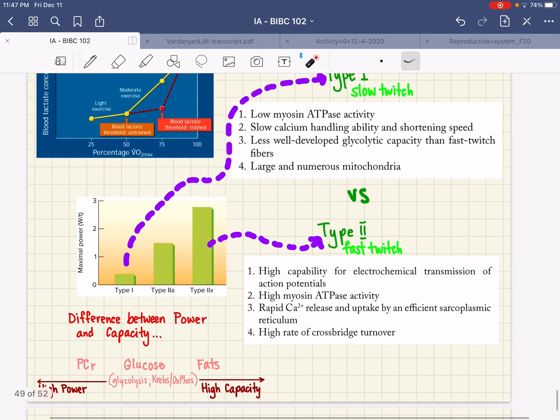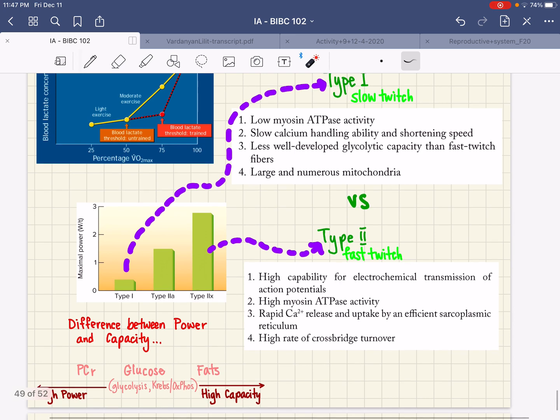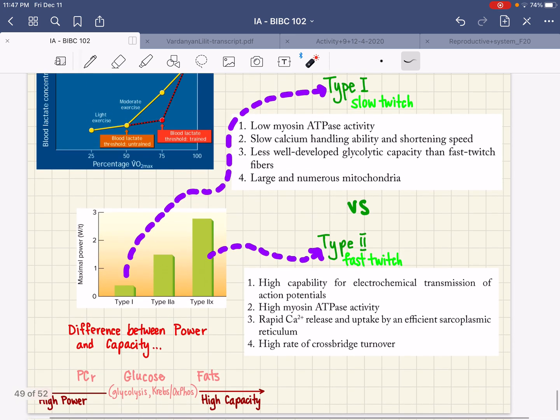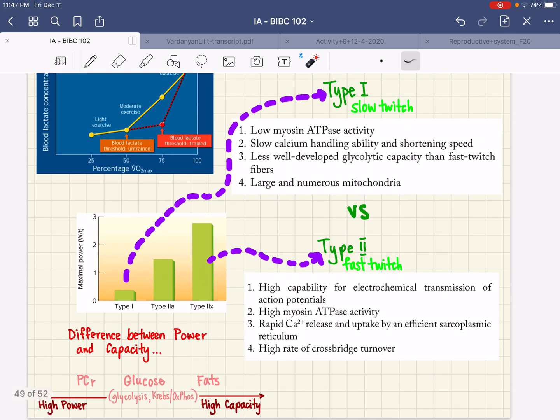And the last thing that I want to talk about are the 2 types of, is this the last thing? Yes. The 2 types of muscle cells that we can have. Well, technically 3, but type 1 and type 2. So type 1 muscle cells are what are called the slow twitch muscle cells.